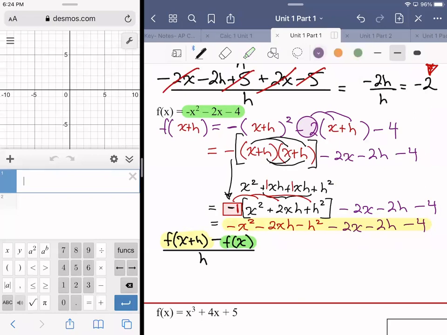So when we create our fraction, we're going to start off with our f of x plus h. And then subtract from that the original function, f of x.